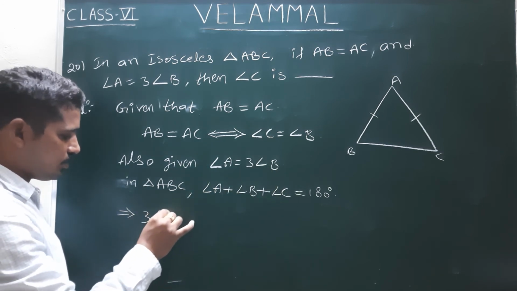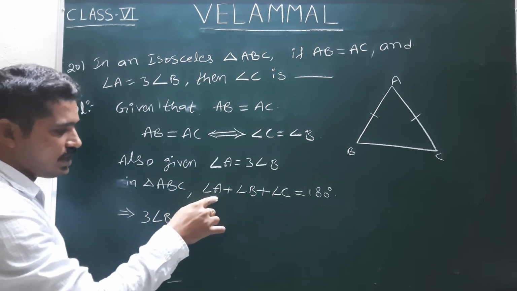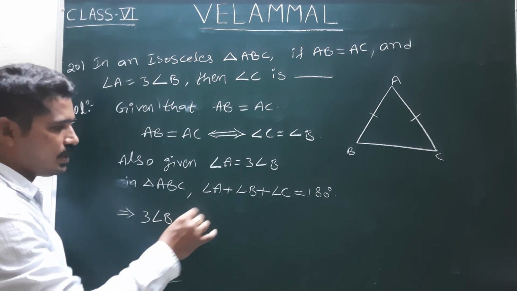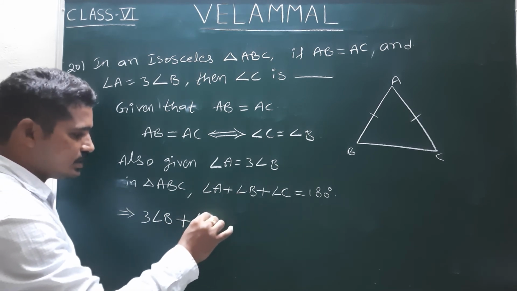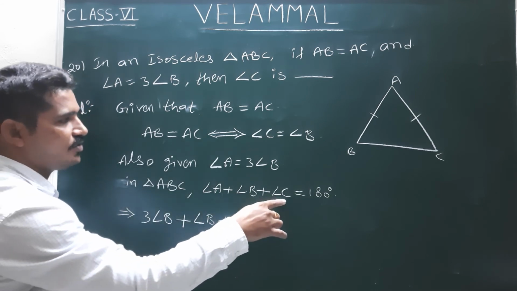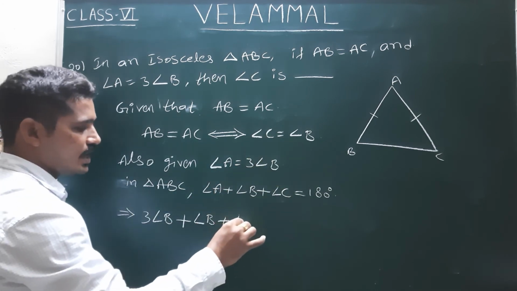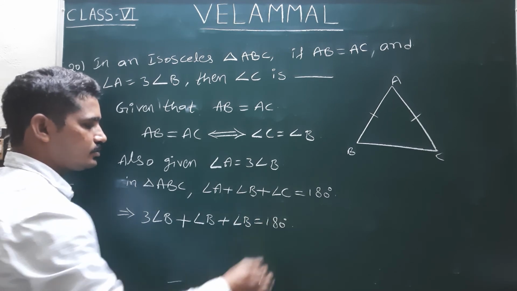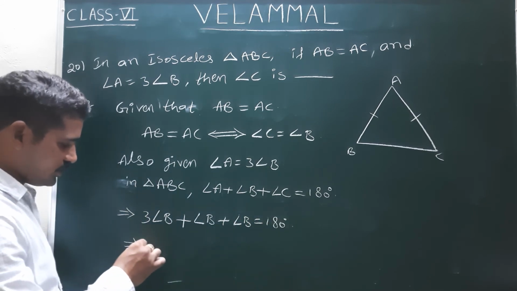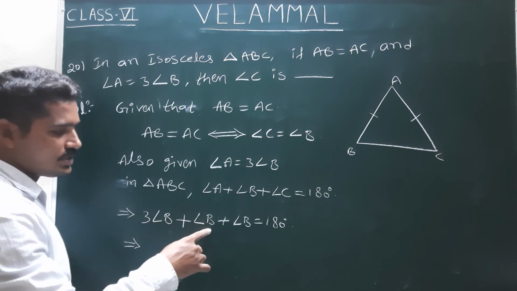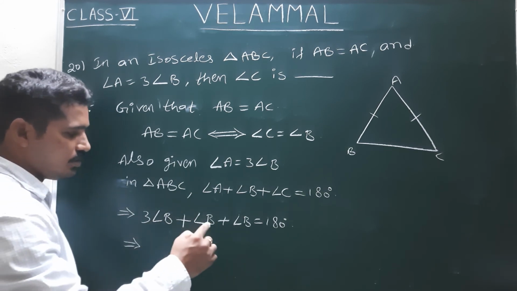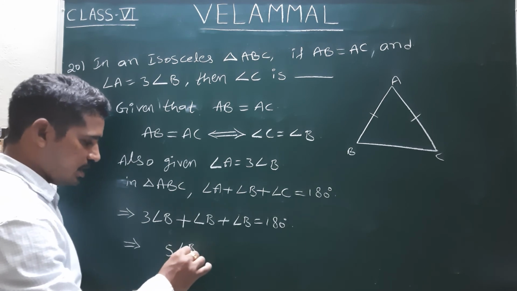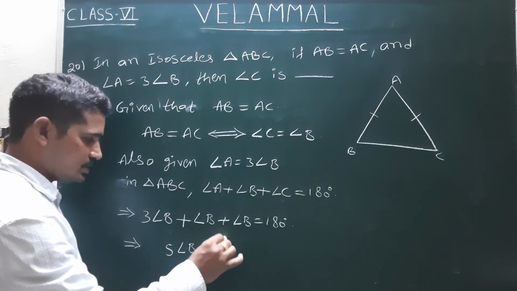So instead of angle A we can substitute 3 into angle B plus angle B as it is, plus instead of angle C again we can write angle B is equal to 180 degrees. Now if you observe, 3 into angle B plus angle B plus angle B, so 3 plus 1, 4 plus 1, 5. 5 into angle B is equal to 180 degrees.